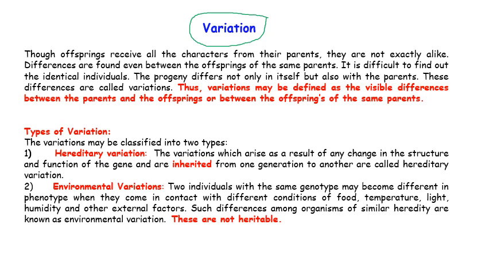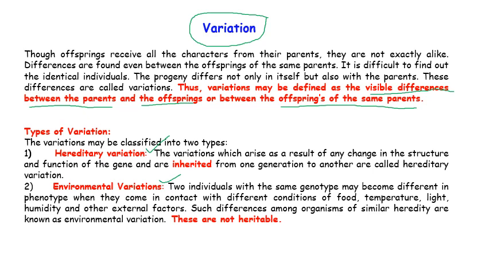Thus, variations may be defined as the visible differences between the parents and the offsprings or between the offsprings of the same parent. Now, these variations are of two types: hereditary variations and environmental variations.